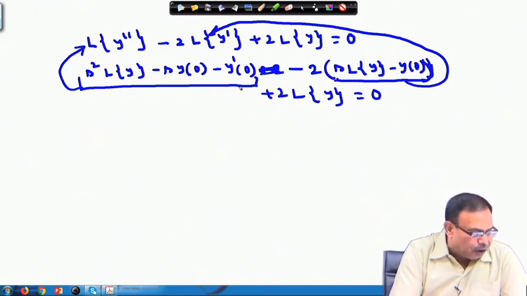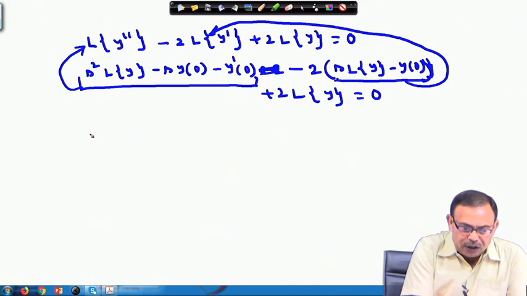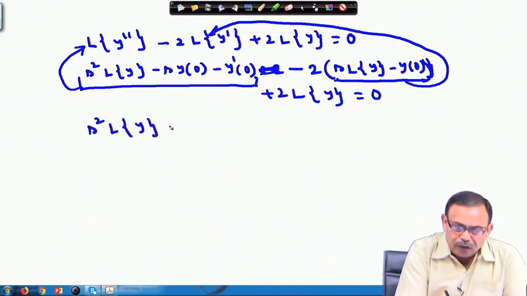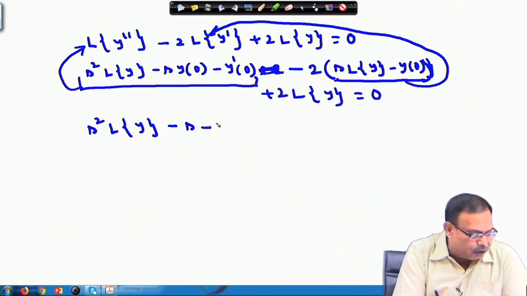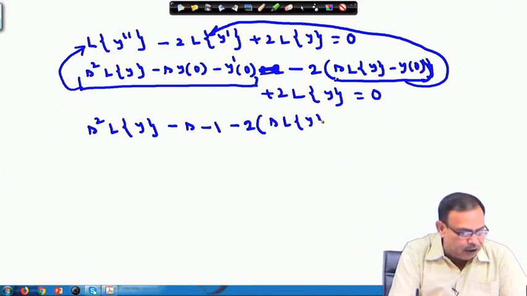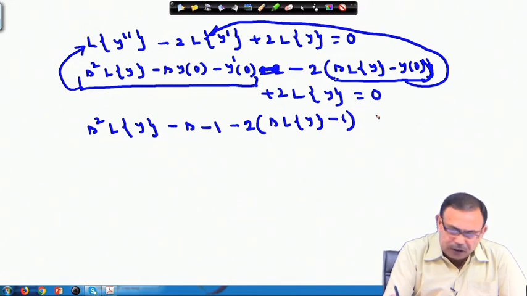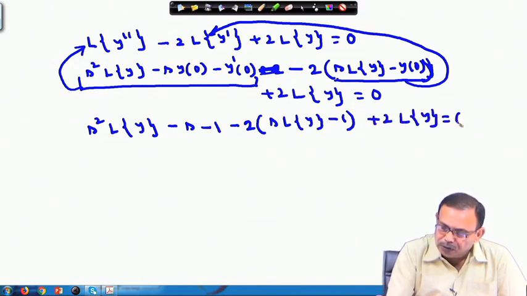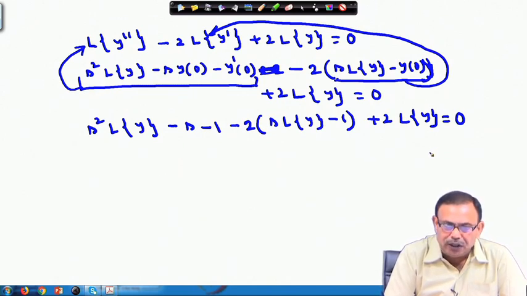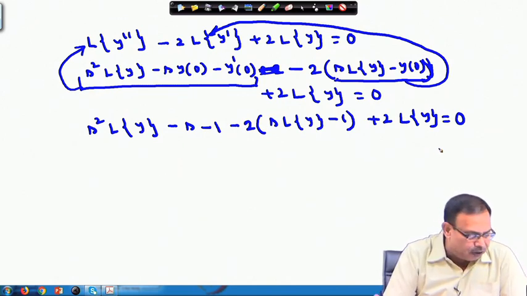If I substitute, I obtain s square into Laplace transform of y minus s minus 1, minus 2 into s into Laplace transform of y minus 1, plus twice Laplace transform of y equals 0. I am obtaining this because y equals 1 and dy/dt equals 1 at t equals 0.